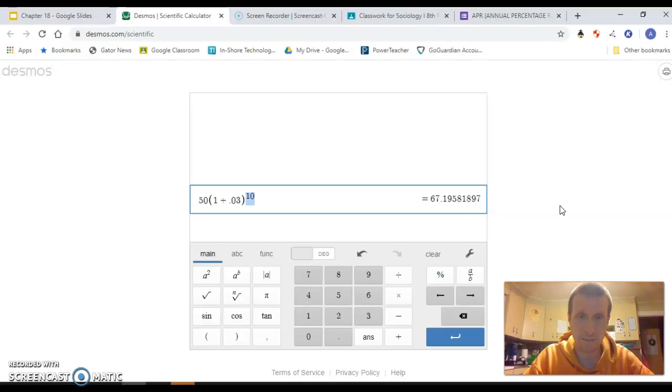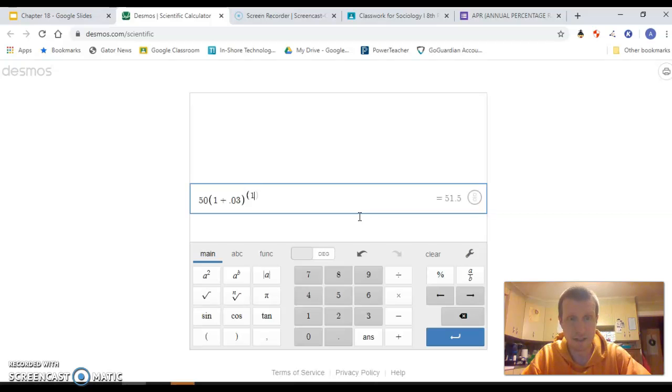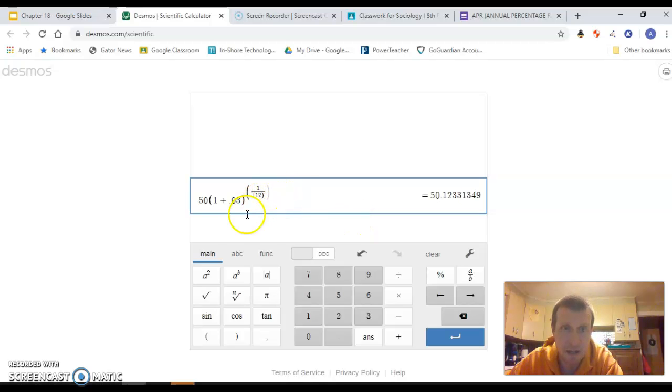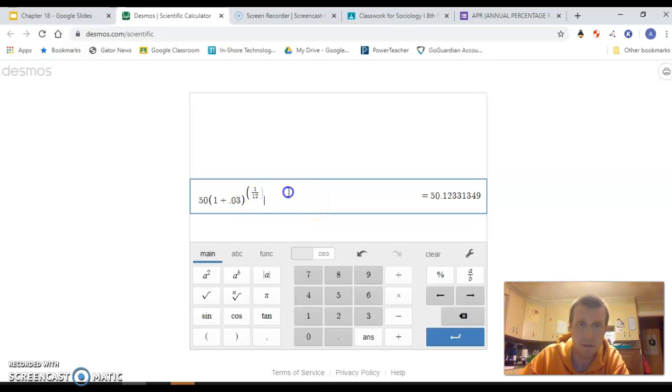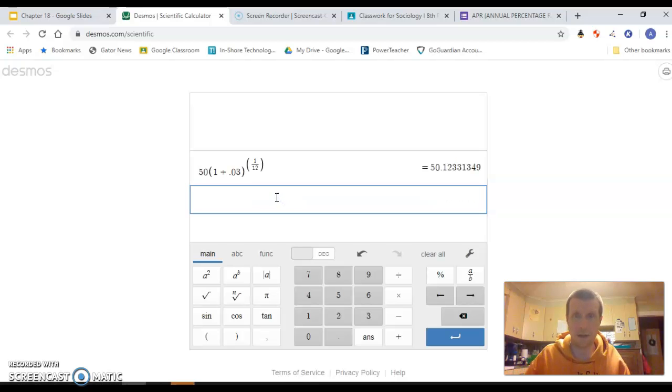So I'm not going to change anything about this problem, but in the exponent, I am just going to put that in parentheses, because that's how you use the calculator, and just put that as 50 times 1 plus 0.03 to the 1/12th power. I'm going to hit that. So at the end of 1 month, that $50 savings bond is worth $50.12. So in 1 month, you would have made 12 cents of interest on that savings bond.